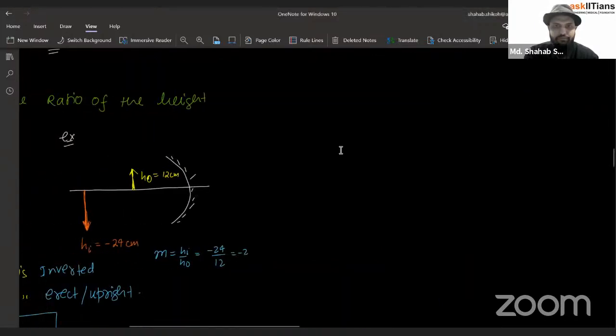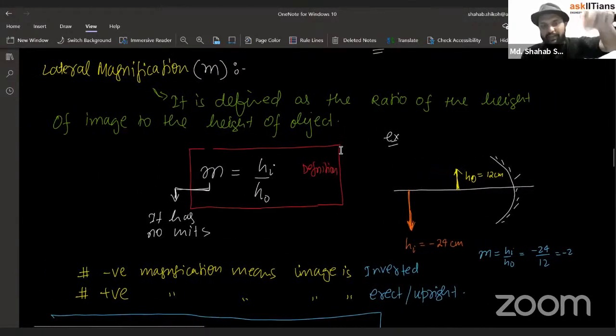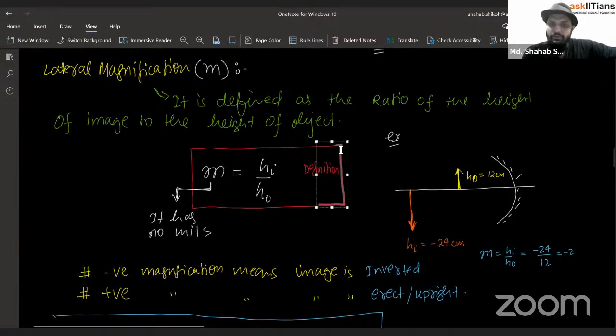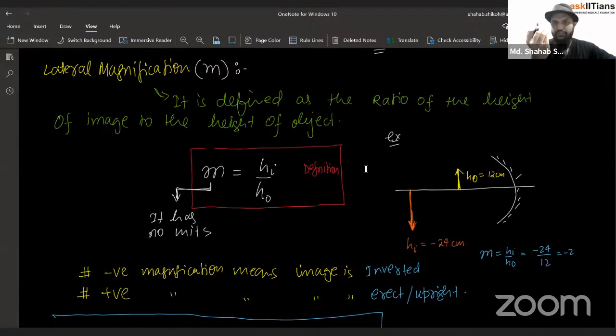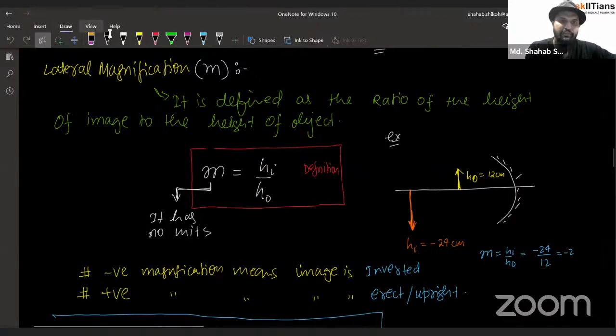So side by side, first of all, let me just complete this magnification part, okay? By definition, magnification is very simply defined as the ratio of the height of the image to the height of the object. And this definition of magnification is general. Do you understand when I say general, it means this definition holds good for mirror, holds good for lens.